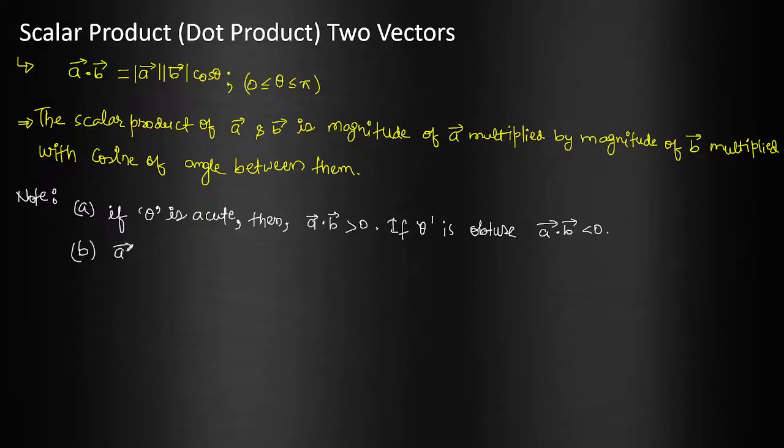A vector dot b vector is 0 implies a vector is perpendicular to b vector, given a vector is not equal to 0, b vector is not equal to 0.